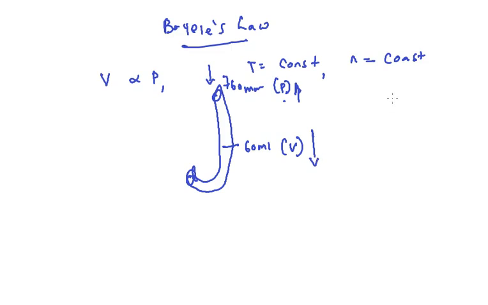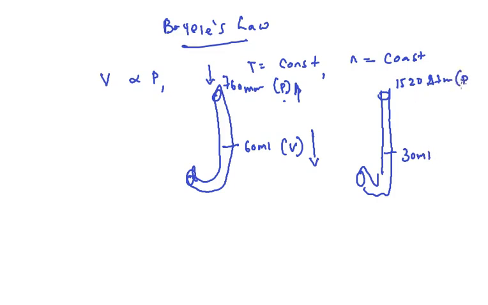If you multiply 760 by 2, I'm going to make another U-shaped tube. This time the pressure is going to be about 1520, and Boyle stated that instead of 60 milliliters, you will have 30 milliliters. It's reduced by half. You double the pressure, but the volume is half.